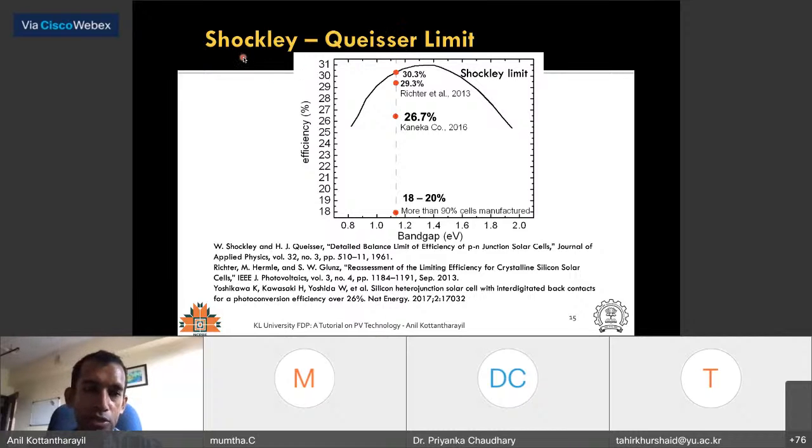So this is called the Shockley-Queisser limit. William Shockley and his collaborator calculated what can be the maximum efficiency of a solar cell. They actually plotted the efficiency as a function of the band gap.